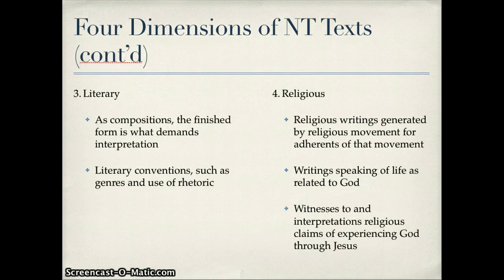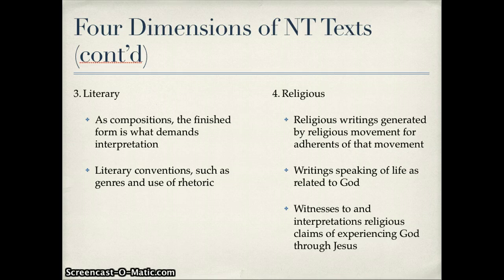Okay, so the third dimension of the New Testament text that we need to take into consideration is their literary dimension, that they are compositions, and the finished form of these compositions is what we need to make sure that we are interpreting. Not that we're just getting little bits and bytes here and there, and not that we are looking at what they looked like before they became a part of the text that they are a part of.